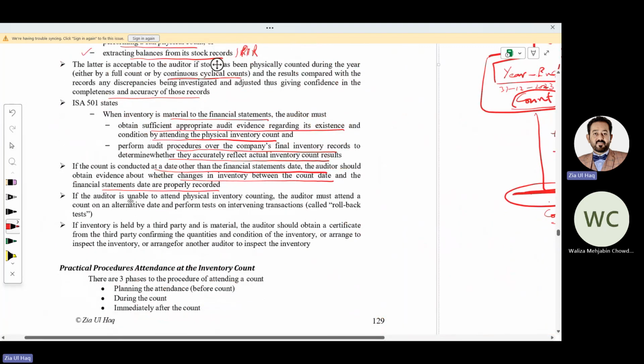If the auditor is unable to attend the inventory count, meaning his appointment is after year end, the auditor must attend the inventory count on an alternative date and perform a test of intervening transactions called the rollback test. Meaning what was added should be subtracted and the deducted inventory should be added to the records.